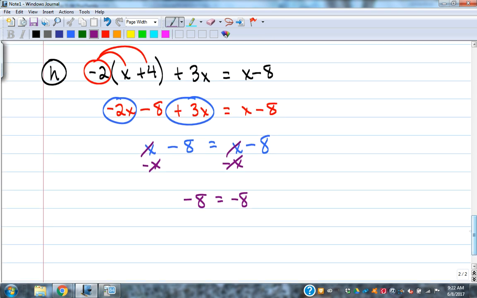If all the variables have canceled out, and you get two numbers left, and they're equal to each other, and it's true, then what that's called is an identity. What it means is that the answers are all real numbers.